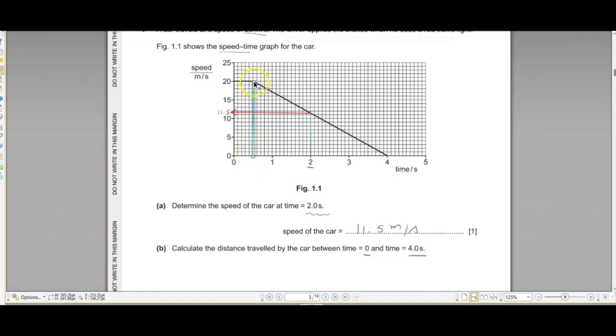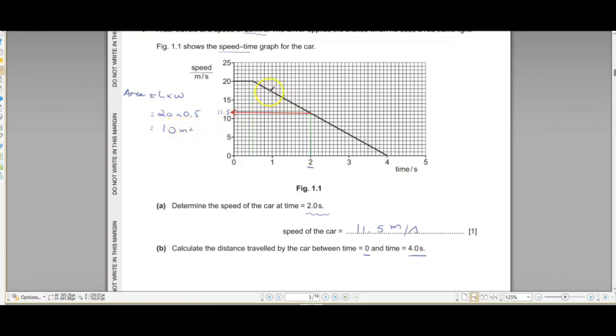This can become a rectangle, and here we have a triangle. The area of a rectangle is found by the formula length times width. The length of this rectangle is 20, and its width is 0.5. 1, 2, 3, 4, 5. Yes, this is 0.5. So 20 times 0.5 is going to give us 10 meter squares.